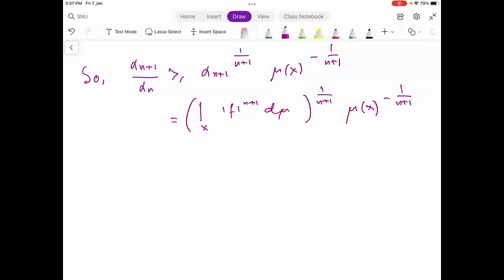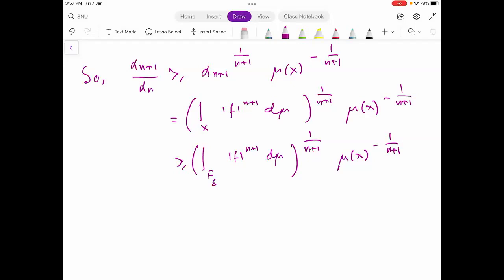So this is what it is: integral of mod f to the power n plus 1 d mu, whole to the power 1 by n plus 1. Now, that's greater than or equal to the integral over f epsilon, because you are after all integrating a non-negative function, and if you integrate over only a part of the set rather than the full set, then obviously the integral over the part will be smaller.